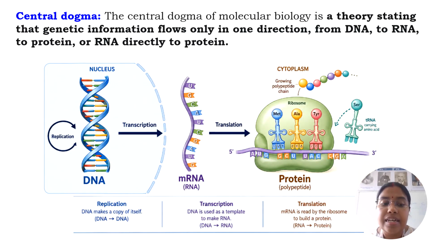The DNA itself can replicate to DNA, or through DNA it is possible to produce RNA through the transcription process, where DNA is used as a template to make RNA, and the RNA again through the translation process is converted to protein.